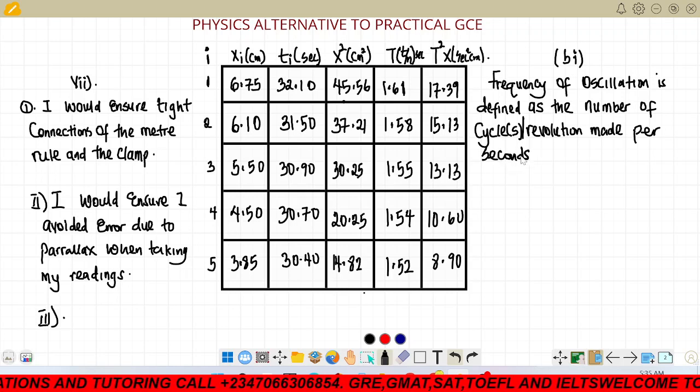So that's that. It is always the inverse of period. If period is t by n, then f is n by t. So if you want to write formula based, you can say f equals the number of oscillations divided by time.